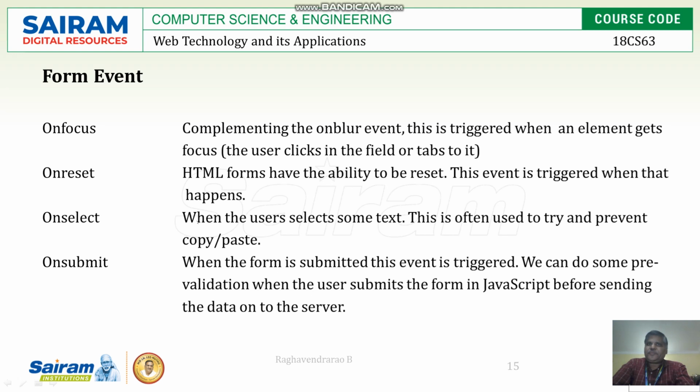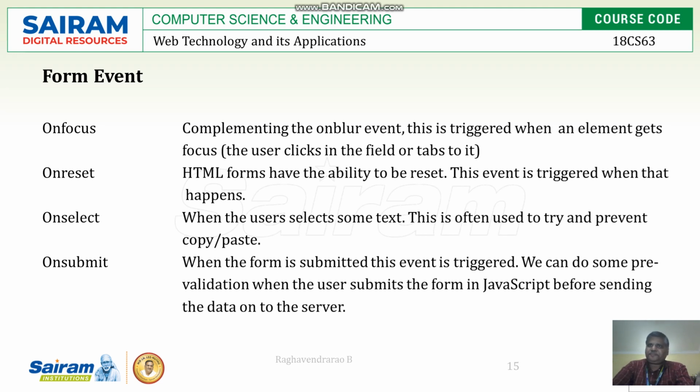On reset is one of the functions of the form. Elements are written and if anything is inputted in that, then on reset, all the things are cleared for that particular form.